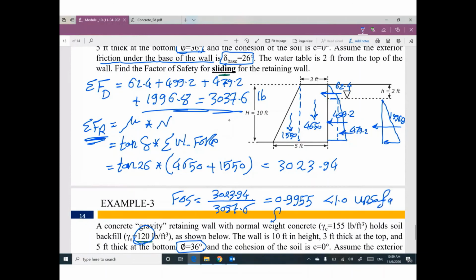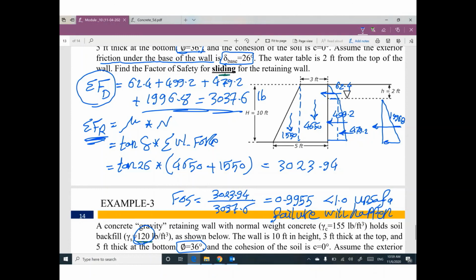Failure will happen. Something like you watched last meeting will happen. So checking sliding is easier. You just figure out the lateral forces, sum them together to get the summation of driving force.